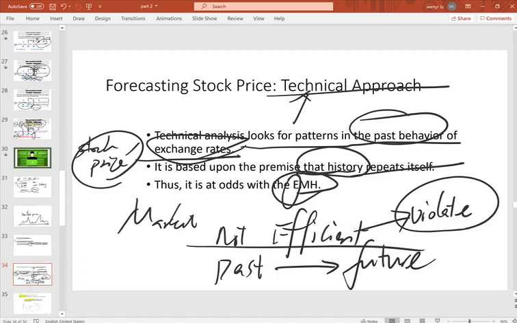Because actually, most markets are not that efficient, because much information may be controlled only by insiders, and public investors may have much less information than the insiders. That's why the market is not that efficient.